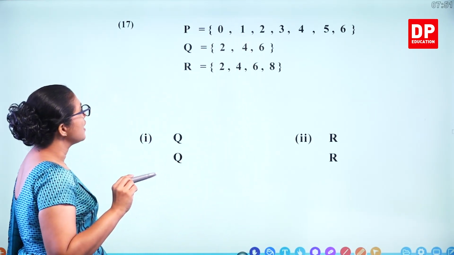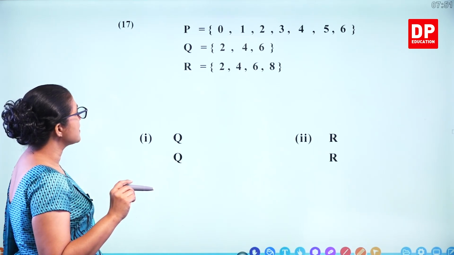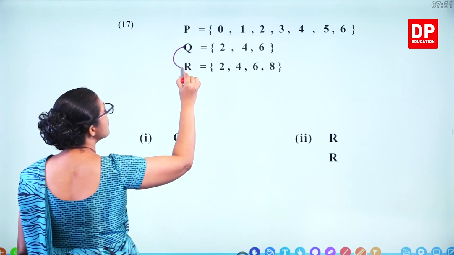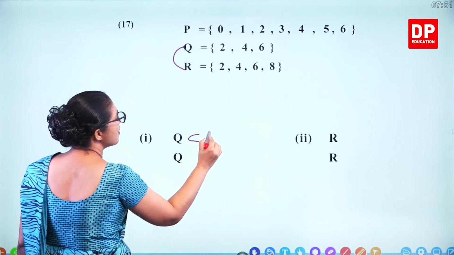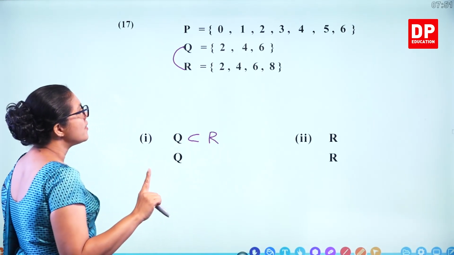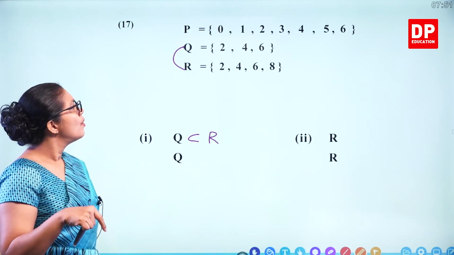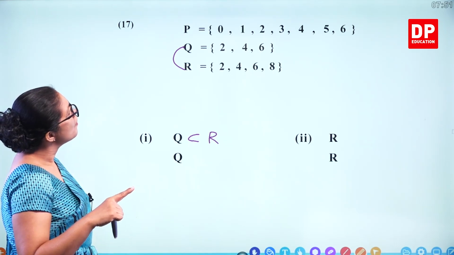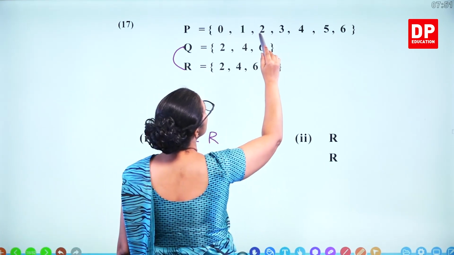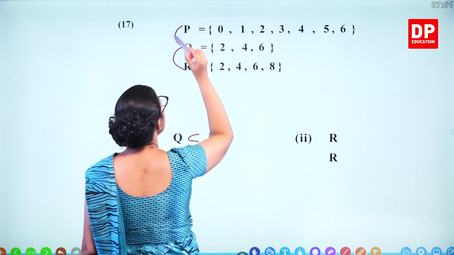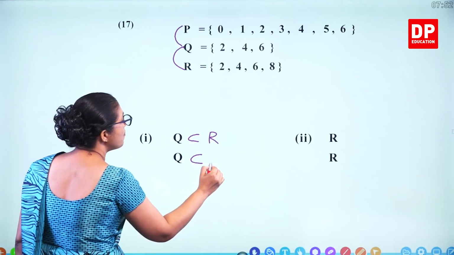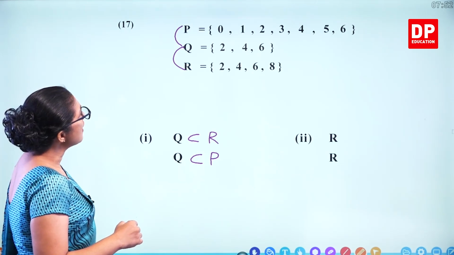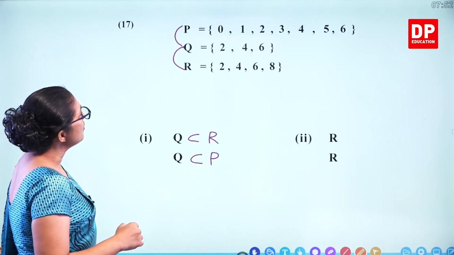So what can you say? So you can say Q is a subset of R, because all the elements in Q are in R as well. Then 2 again, 2, 4, 6 here, 2, 4, 6 here. So you can say Q is a subset of P as well. When you take R, can you write R?